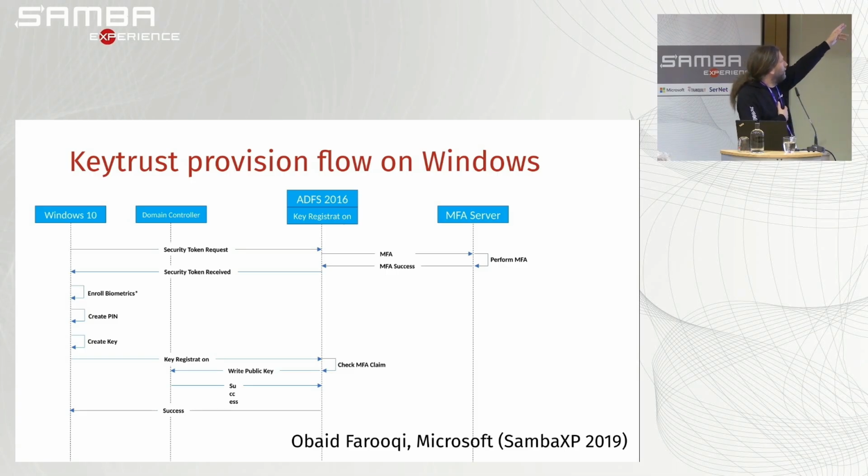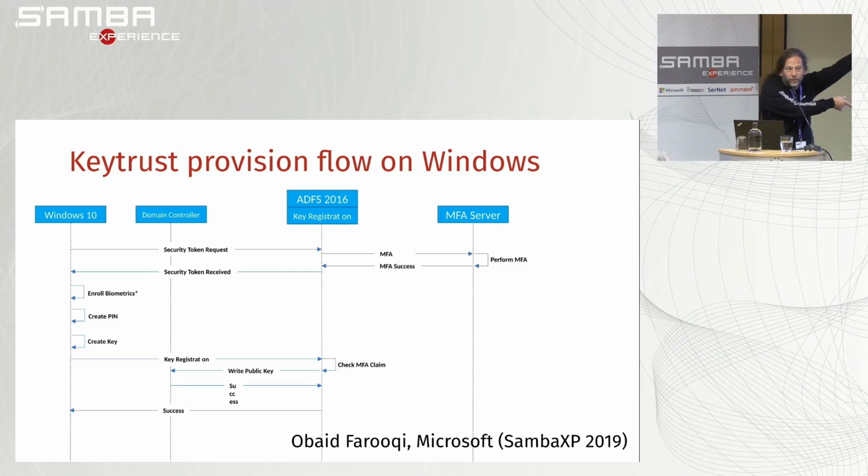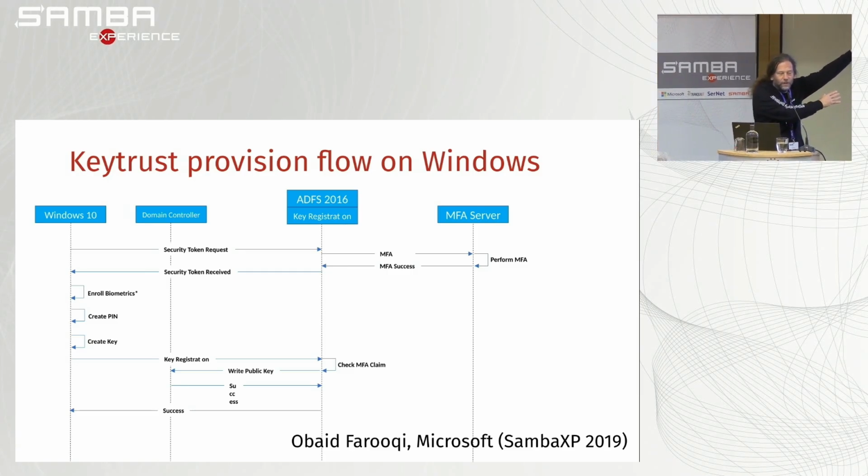So your client talks to the ADFS server, which talks to an MFA server, which in fact is talking to Azure or something, because it needs to know who you are. It needs to know about you anyway to do MFA, because otherwise it can't do it.